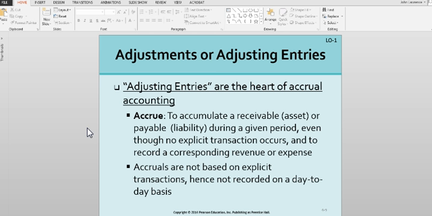And we're going to get into some of the details of what that might happen. But absent making those proper adjusting entries or accruing those proper assets or liabilities, inevitably you will have some account or accounts that are understated and others that are overstated. And of course, the heart of quality financial reporting is that we avoid that from happening.